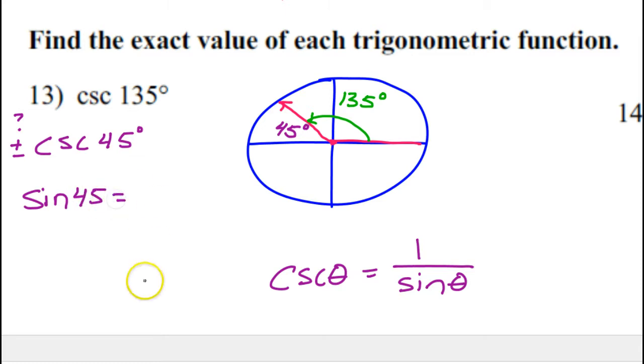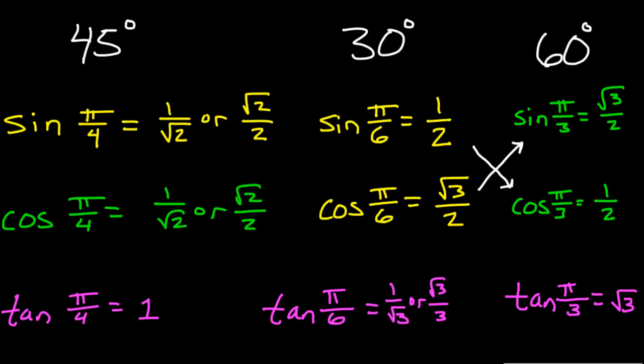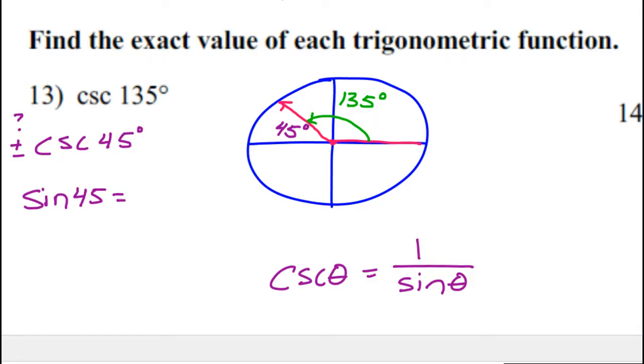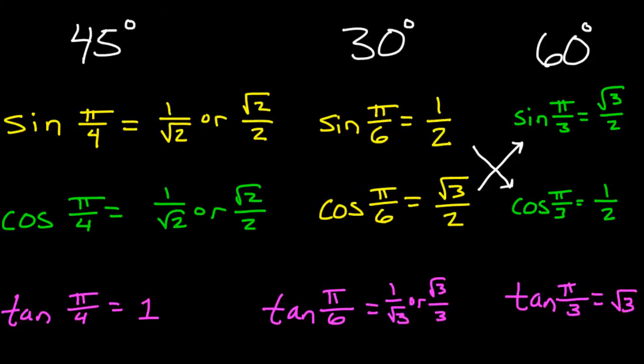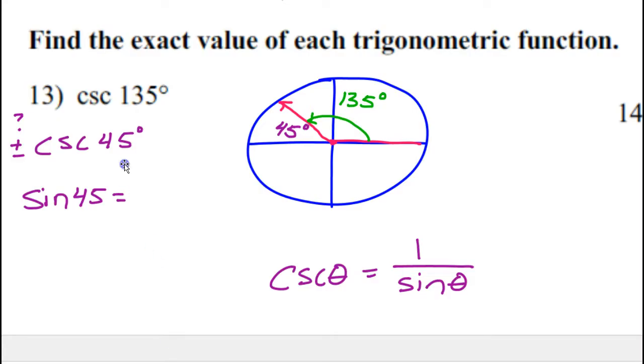Well, that's one of the things that we have memorized. That is radical 2 over 2. You know what? Let's go ahead and use the 1 over radical 2 version because it'll be easier to do the reciprocal. So the sine of 45 degrees is 1 over radical 2.